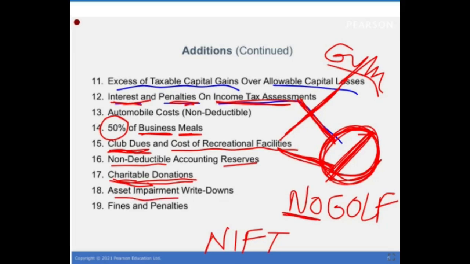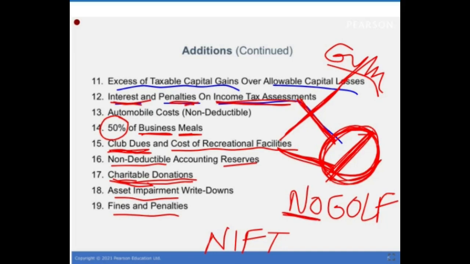Asset impairment write-downs, fines and penalties. Generally speaking, if you've been fined or penalized somehow for breaking the law, they're not going to let you deduct that, same as interest and penalties. They will allow you to deduct interest on other bills.